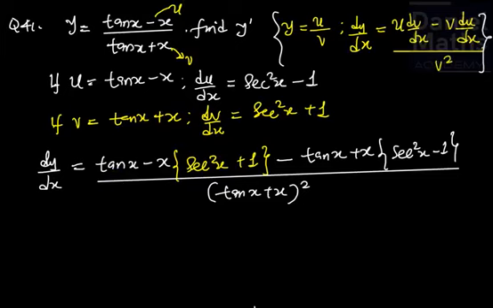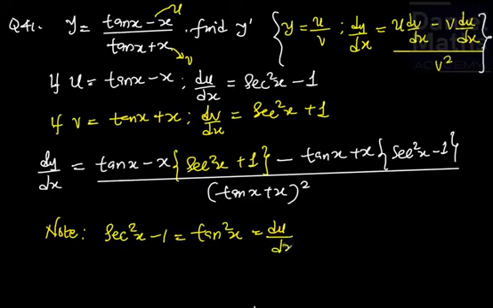Okay, so what I want us to understand, I want us to note that sec square x minus 1 is equal to tan square x. So we can say here that this is equal to du over dx.